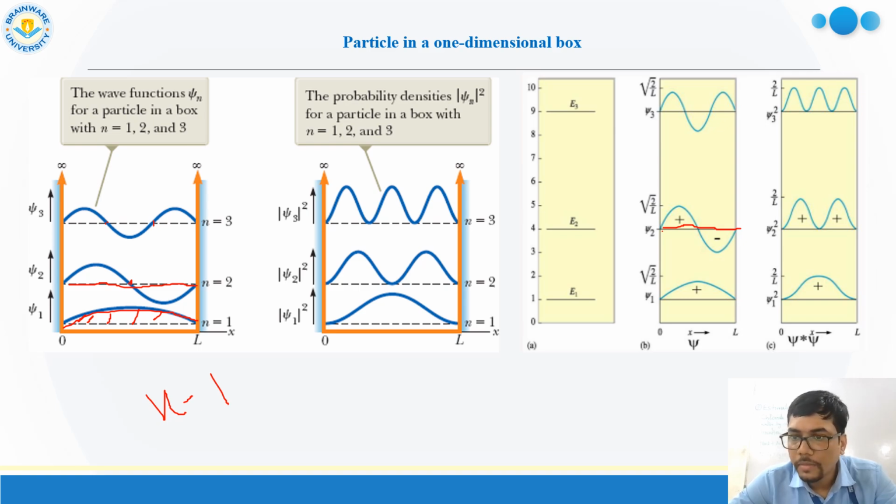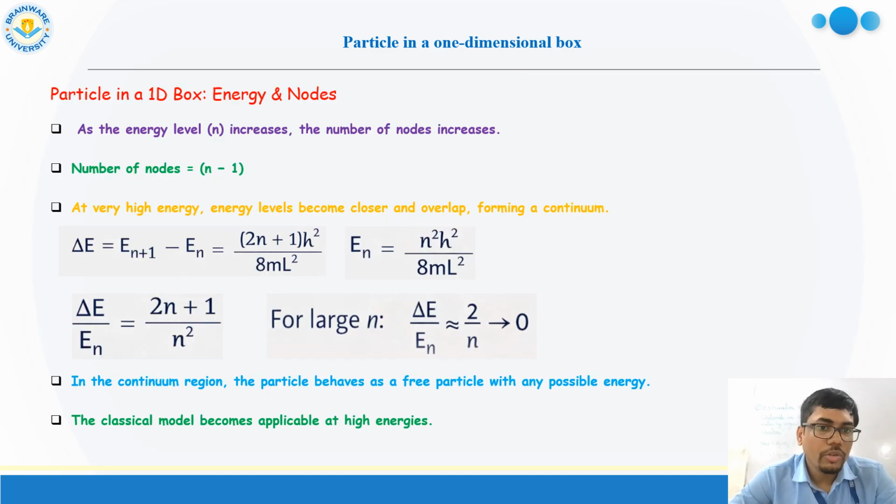From this we can say that as the energy level increases, the number of nodes increases, and the number of nodes is n minus 1. Now, what about at high n value, if the energy is very high? Consider the energy gap between two successive energy levels.